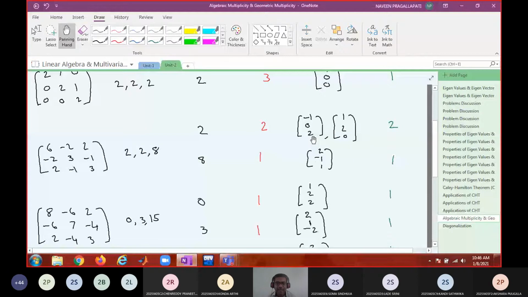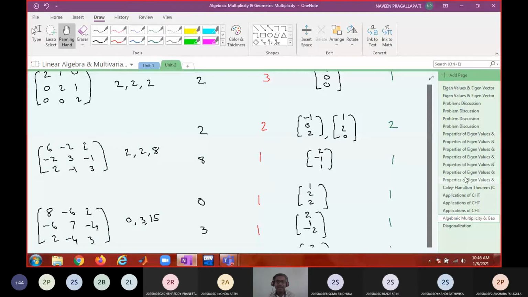Because these two are linearly independent, and these two are also linearly independent. Can you tell the reason? Why are these two linearly independent? I told you to go through the properties.